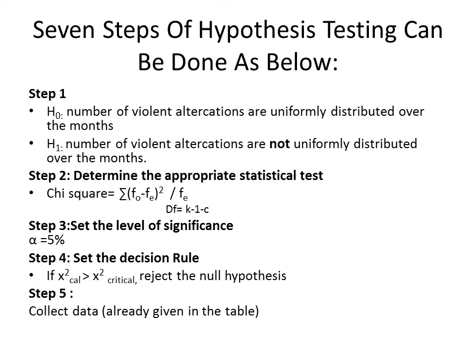Since the data is in frequencies, we are using chi-square test. The formula is given. Degree of freedom we have to calculate. Level of significance, third step, is also given, 5%. Now to set the decision rule. Decision rule is when the calculated chi-square value is greater than critical chi-square value, we reject the null hypothesis. Step 5, collect the data, which is already given in the table.